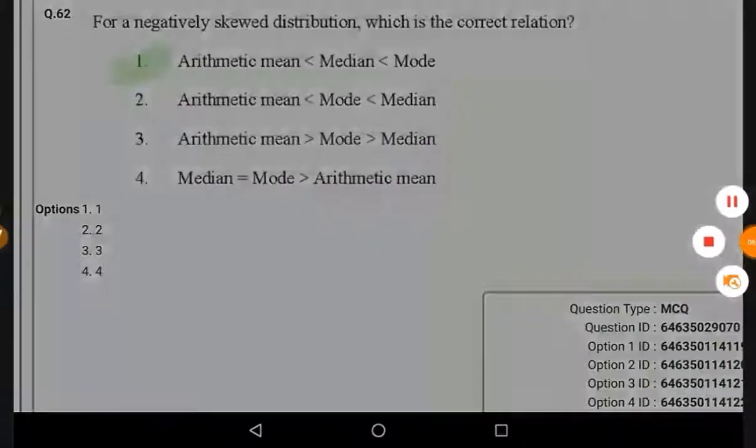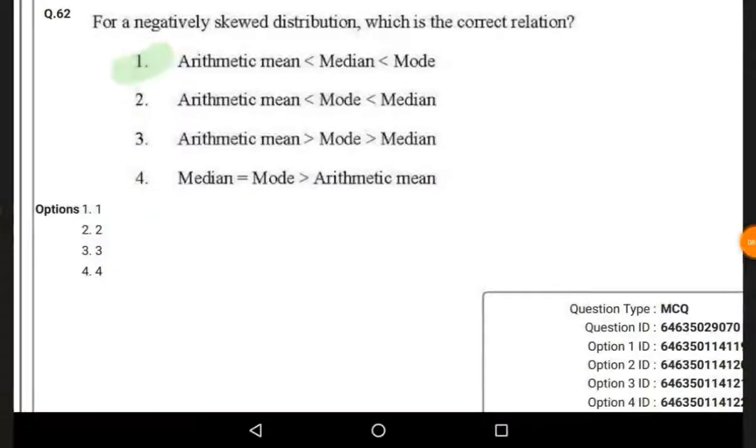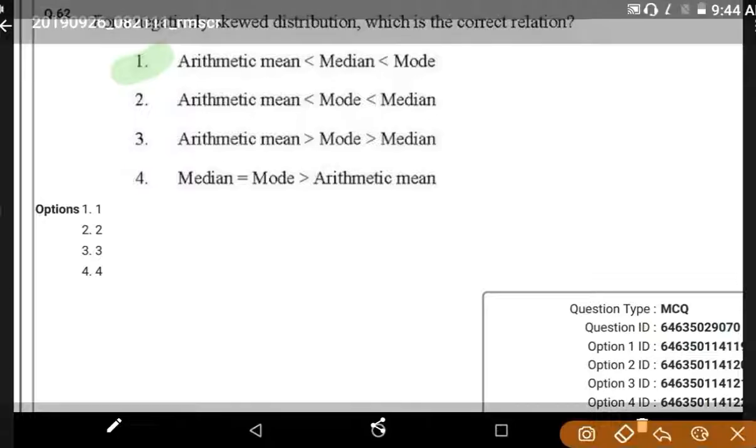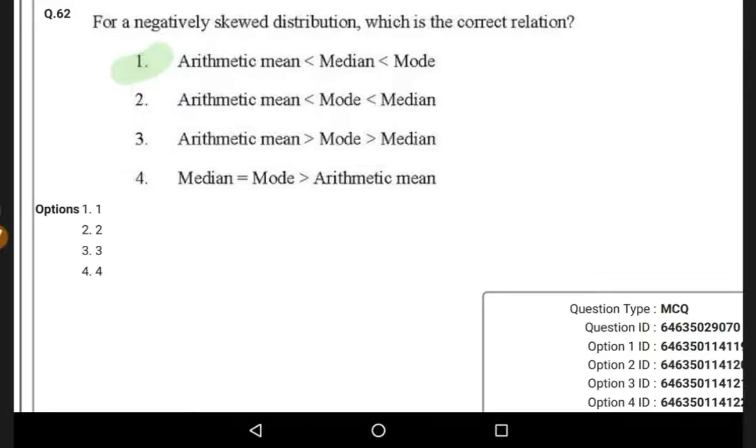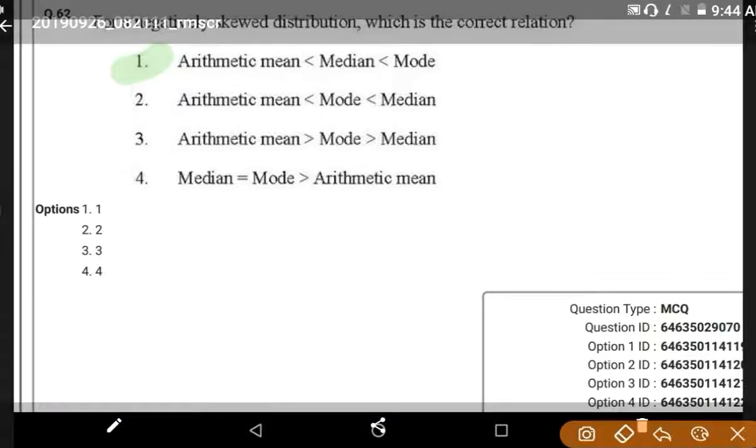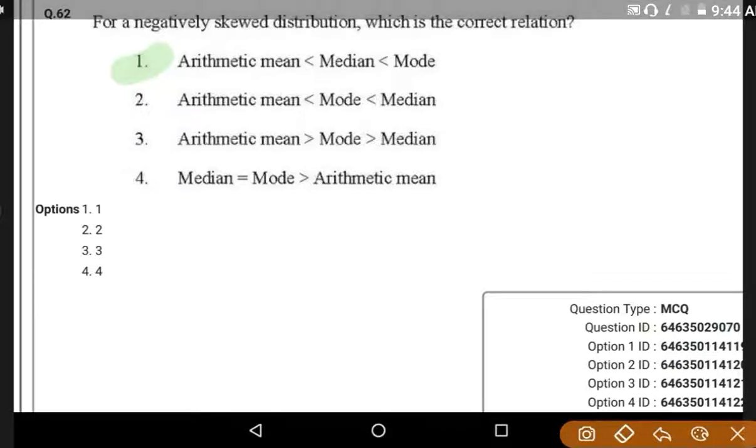We will discuss one important question from NTA UGC NET Environmental Science, June 2019. The question was: for a negatively skewed distribution, which is the correct relation between the mean, median and mode? Here, arithmetic mean is smaller than median, which is smaller than mode.